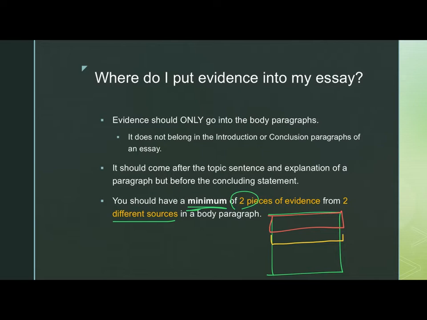So here's evidence from source 1, here's evidence from source 2. But these still equal 2 quotes. Just 2 quotes from different sources. And then, of course, you do still sandwich it at the end with the concluding statement.